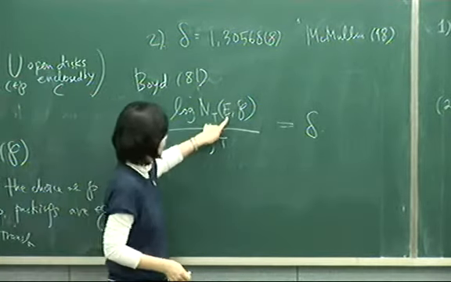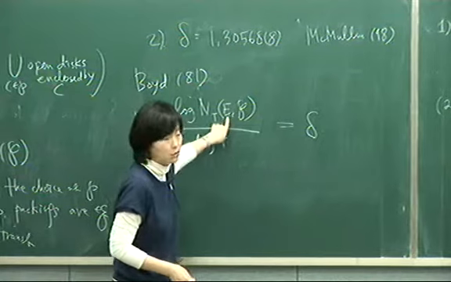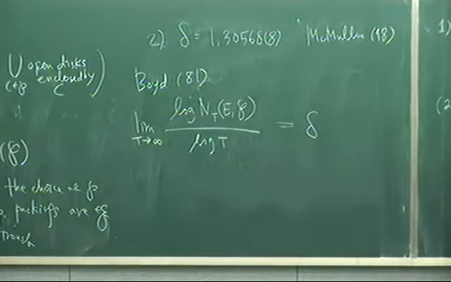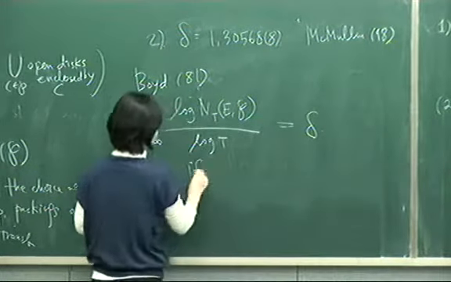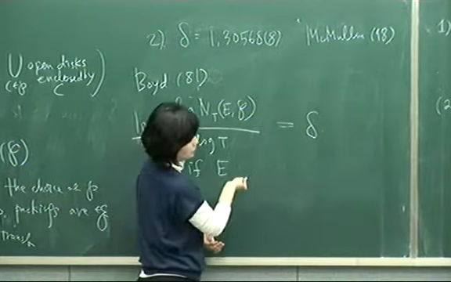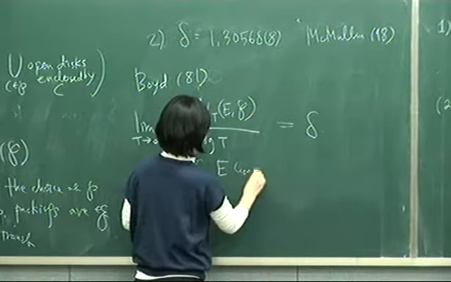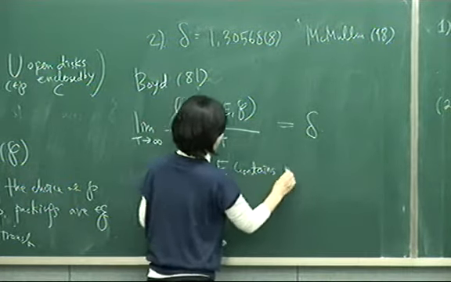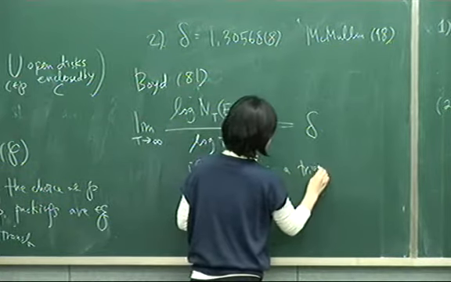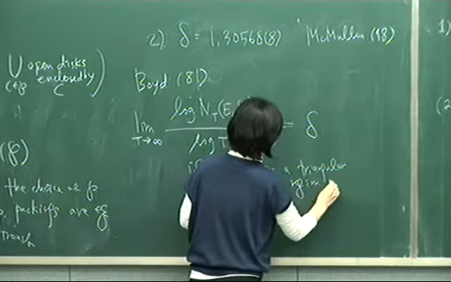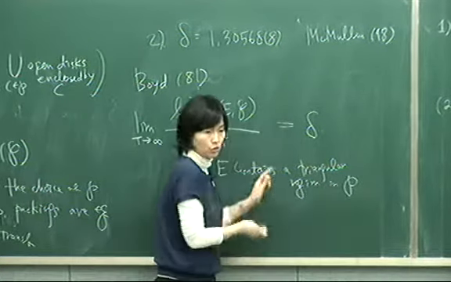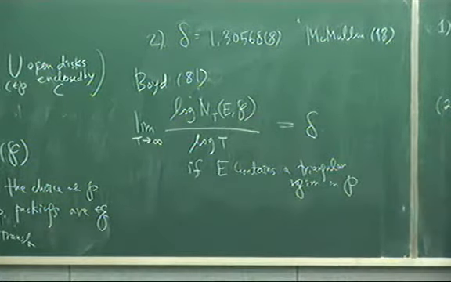And of course here I have to say something about E, because for instance, if I take E over here, it should be 0, not delta, right? So under the assumption that E contains any triangular region in P. What I mean is that in any Apollonian packing, you see a lot of triangular regions.